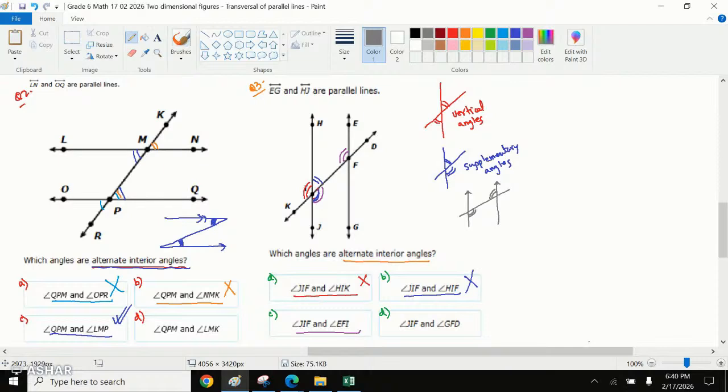I just showed you in the previous question, if we have a pair of parallel lines and these angles are given to us, alternate to each other, because they use the term alternate and interior also, because they both are on the inside. That means these two angles are alternate interior angles. JIF and EFI would be alternate interior angles.